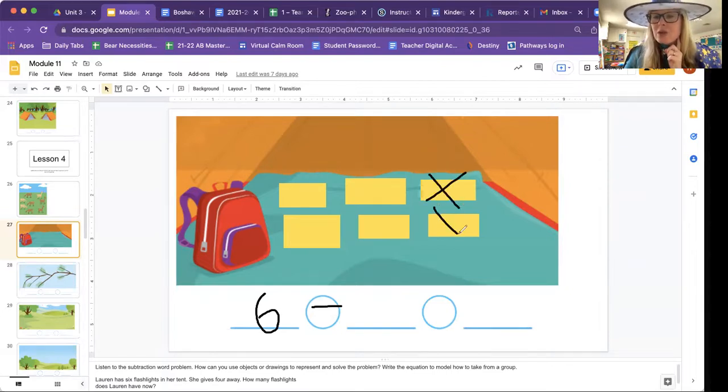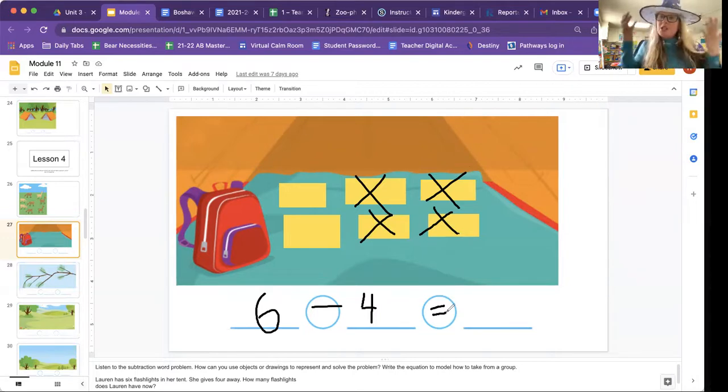Let's cross those out just to help us. 1, 2, 3, 4. Okay, 4. Take away 4. That's our number. And then what goes in here? Equal sign. How many does she have left? 1, 2. 2 left. That's our answer. Do you see how when we cross off, we just count what's left, and that makes it really easy to do subtraction.